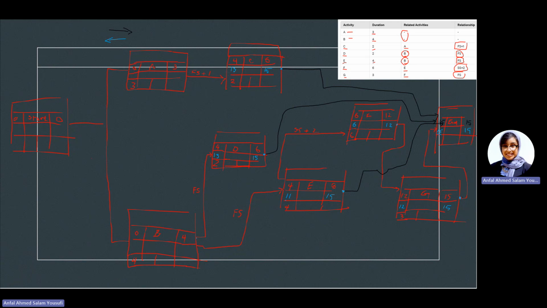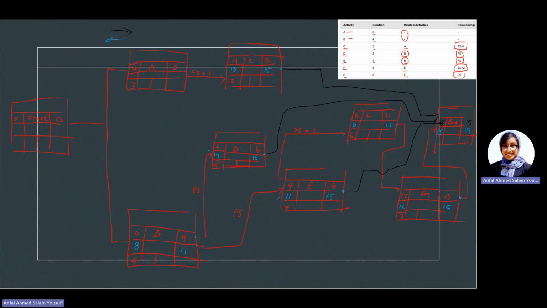Let's do B. So in B, we're having two outputs. So we're having 13 and we have 11. When we are doing the backward pass, we normally take the smallest number. So 11 minus 4, that is 8.